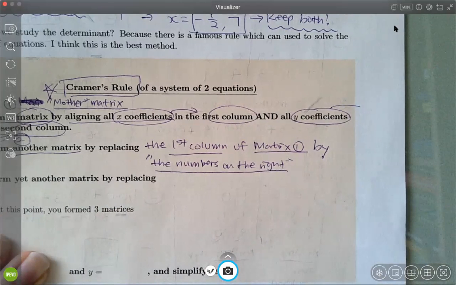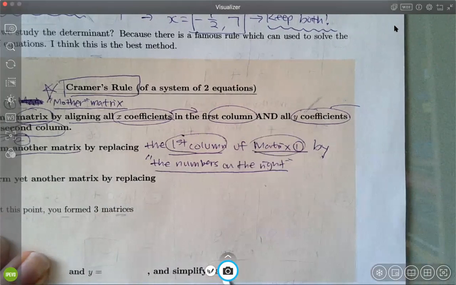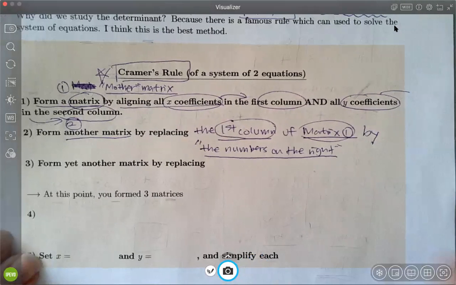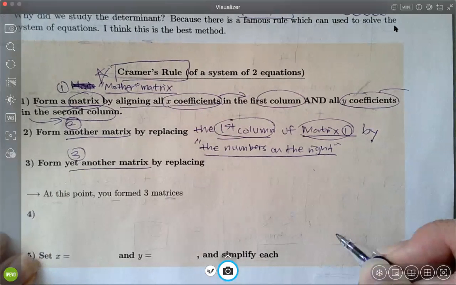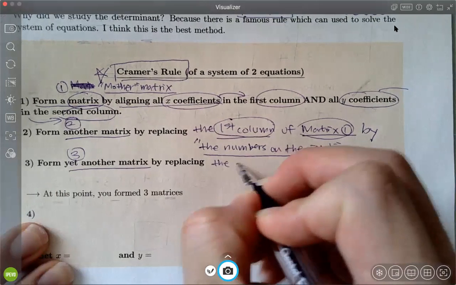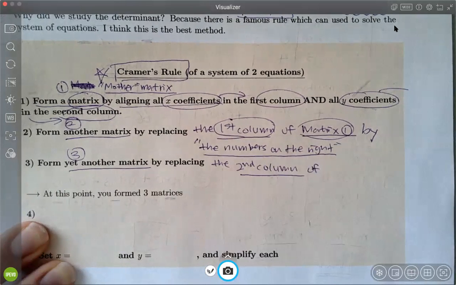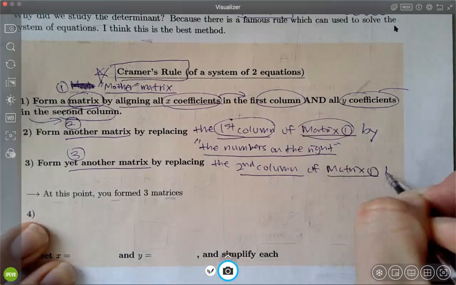Now step number 3. Form yet another matrix, matrix number 3, by replacing the second column, not of the previous matrix, but you always go back to the mother matrix, matrix 1, by the same thing, what's on the right.